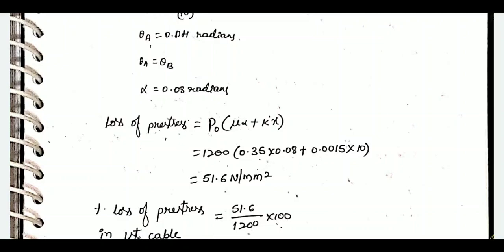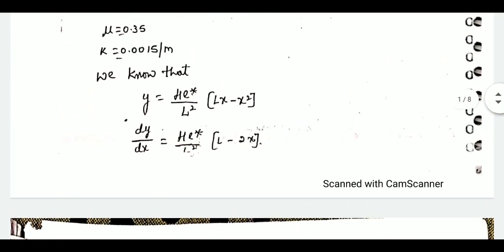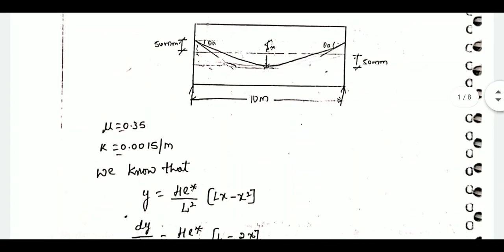Mu is the coefficient of friction, K is the wave effect or wobble effect we can say, and X is the distance at which you are calculating the loss. But alpha is the cumulative angle of the tendon between the two ends. So we need to find out the slope of the cable at both ends, end A and end B.